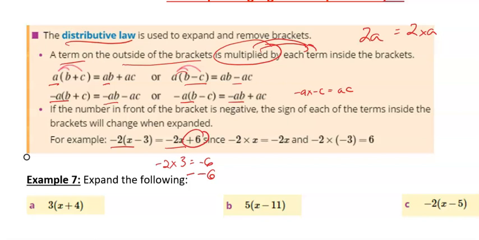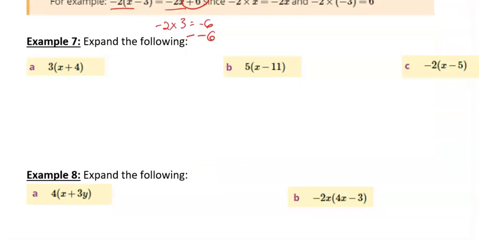All right, so let's try expanding the following. 3 times x plus 4 is going to be 3 times x plus, not 4, but 3 times 4, which gives us 12. Over here we have 5 times x minus whatever 5 times 11 is, which we know to be 55.